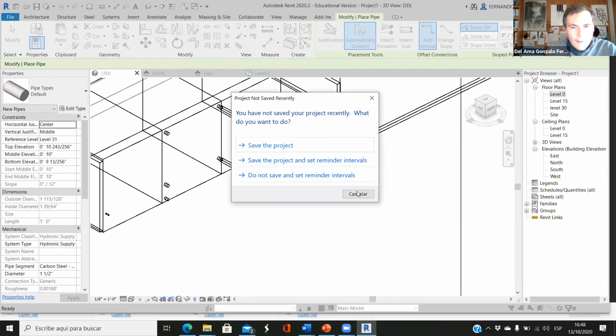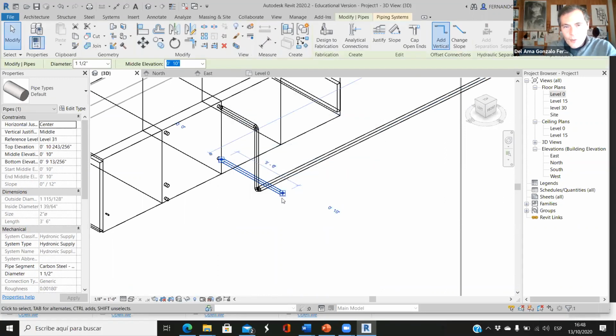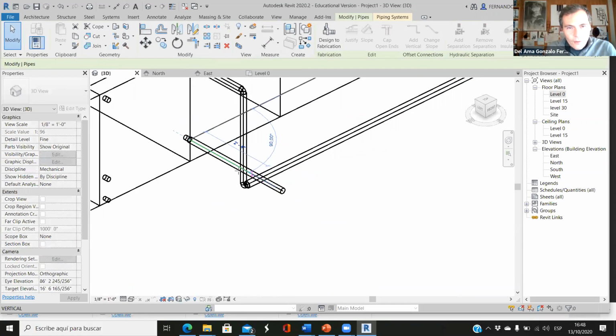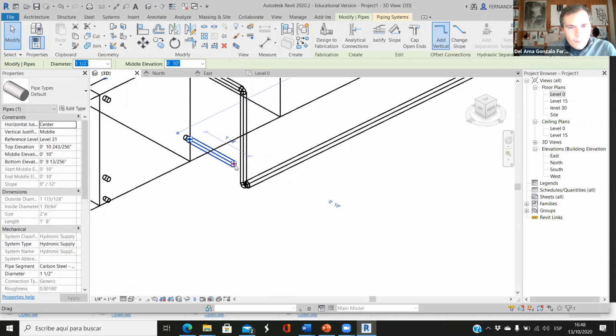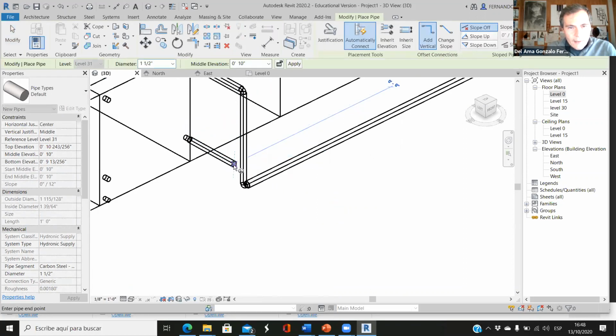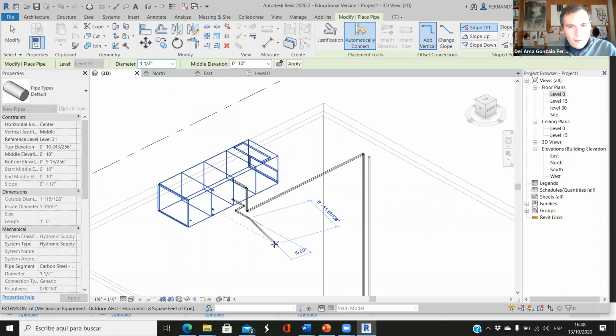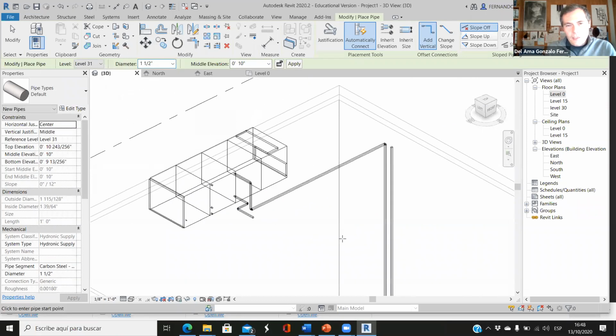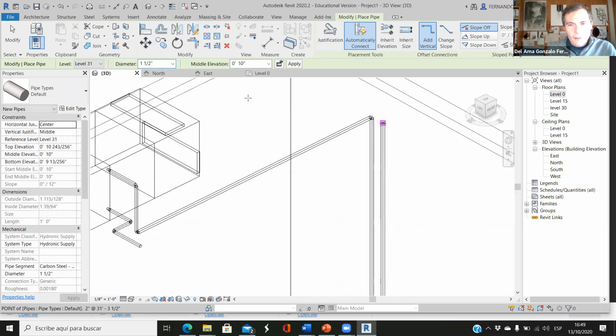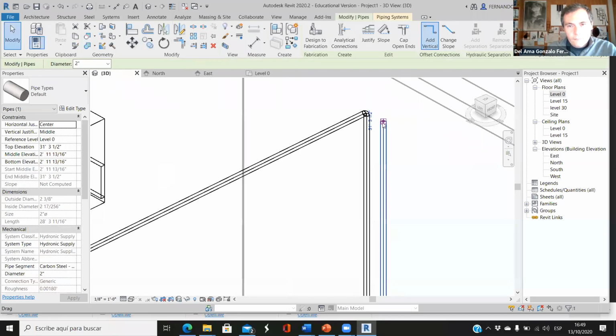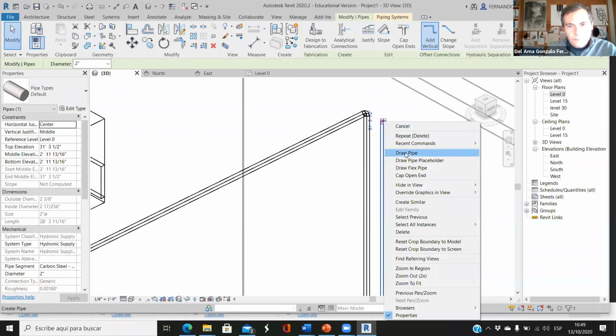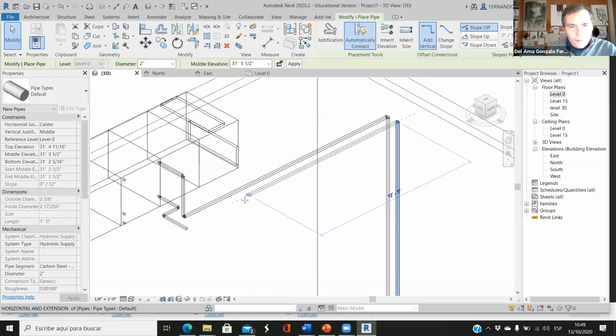Well, that's why you need to be a plumber, because if you were a plumber, we would know what to do here. But we know that we can have crossings. So probably we will need something like this. And then from this one, we can go this way.